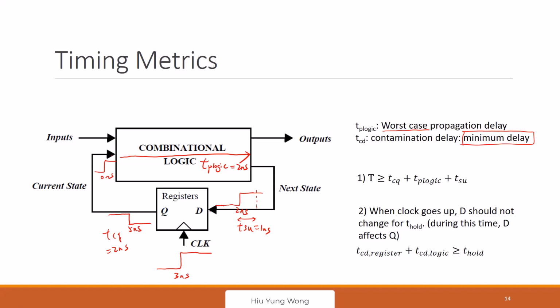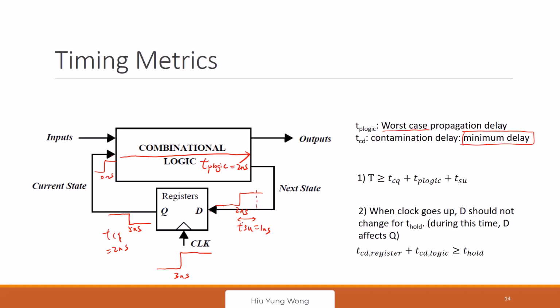So what is the loop going through? It is 5 nanoseconds to go over this loop. This register mandates that I obey the setup time and clock to Q. Holding we'll discuss later; let's assume it's holding correctly. So going through a loop is 5 nanoseconds. Then it means my clock cannot have a period shorter than 5 nanoseconds.